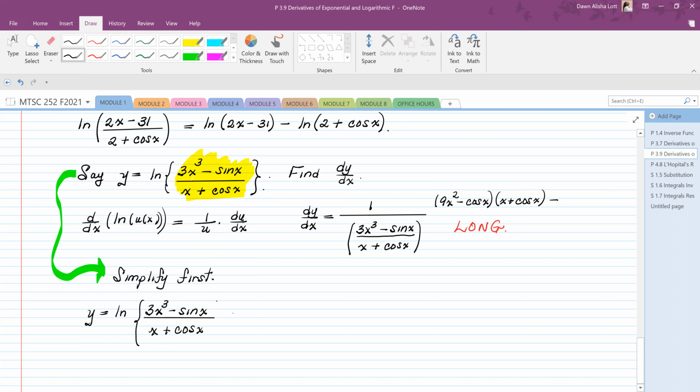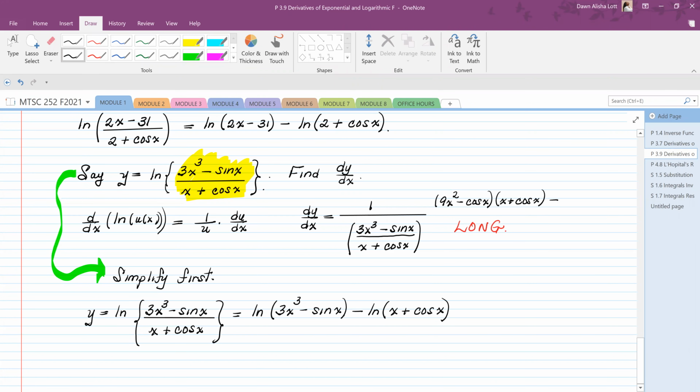And we're going to split it up first. So y is equal to the log of the numerator, 3x cubed minus the sine of x, minus the log of x plus cosine x. So we simplified it first.